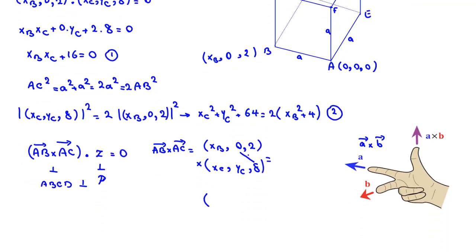You say this times this minus this times this. 0 times 8, 0 minus 2YC. Okay. For next one, you say, okay, 2 times xc minus 8 times xb. So 2xc minus 8xb is the definition of cross product.